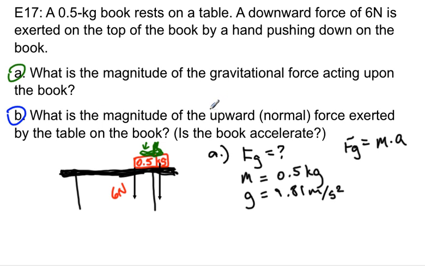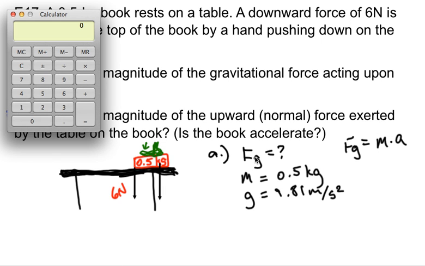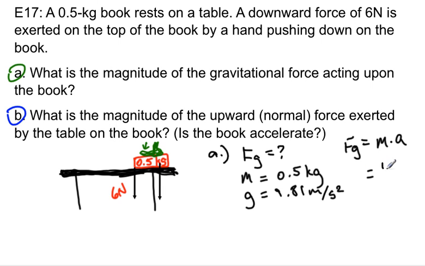This is going to require us to look at all the forces acting. So I might as well solve for this force of gravity. Let's take 0.5 times 9.81, 4.9. I'm going to round that to 4.9. Force of gravity equals that.